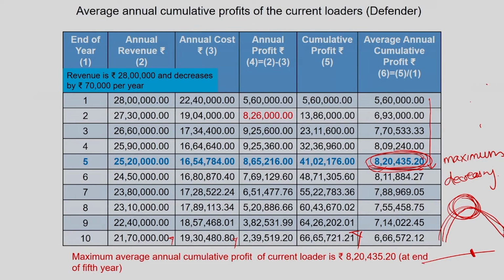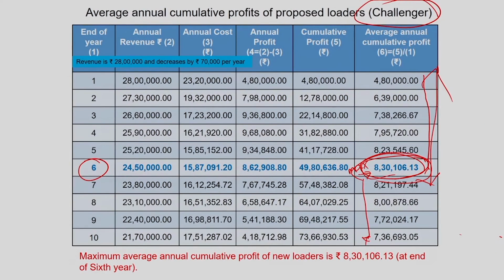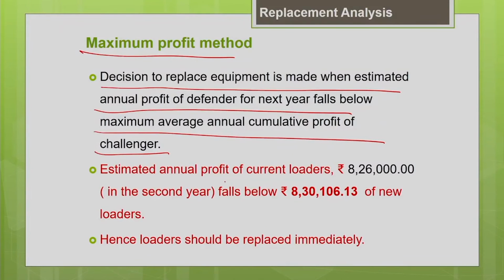So for the next year, the second year, the estimated annual profit of your current loader is 8,26,000. Now you compare this value with the maximum profit achieved by your challenger, 8,30,106.